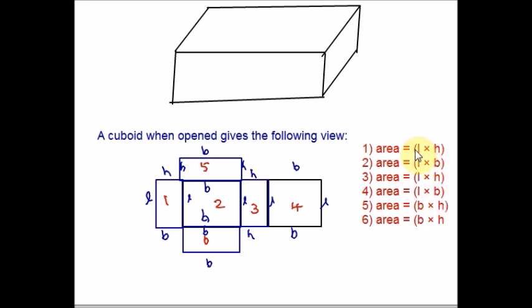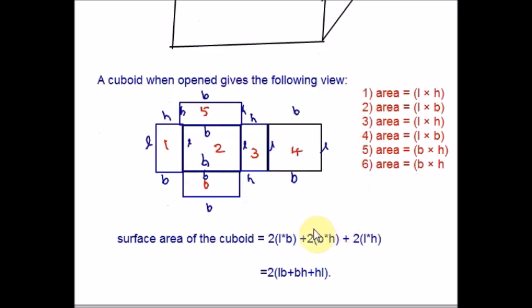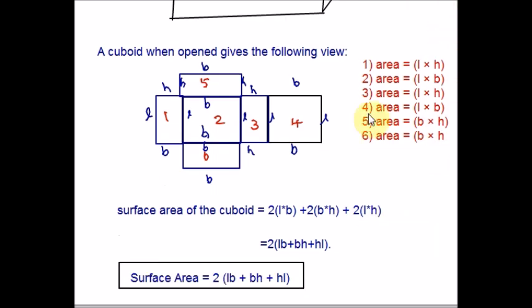So L times H is twice, L times B is twice, B times H is twice. If we sum up all the areas, I'm just adding all, taking the common factor 2 outside. So the surface area of a cuboid is 2(LH + LB + BH). Hope you are clear on this formula. Same way, let us see what is the surface area of a cube.